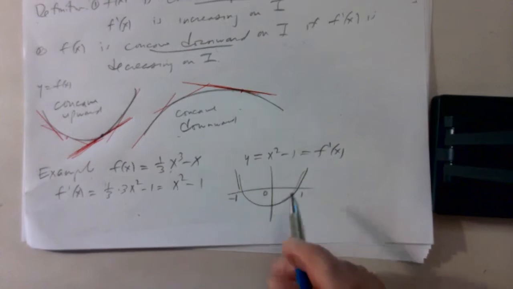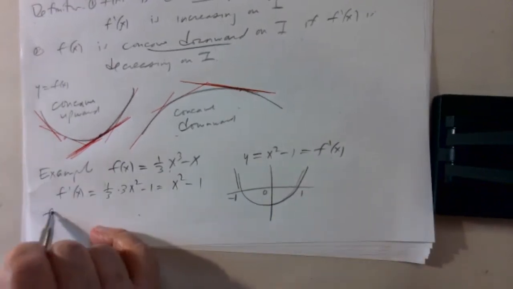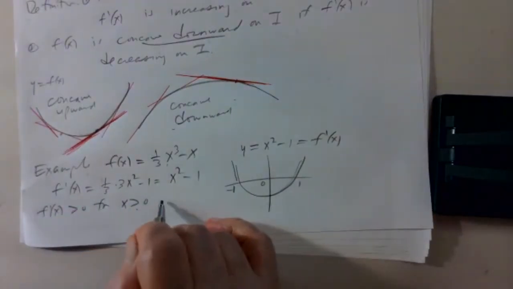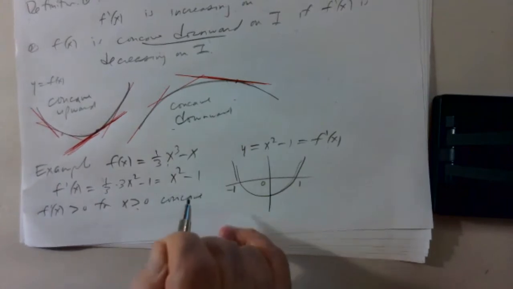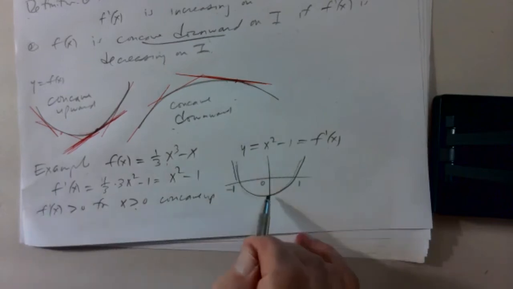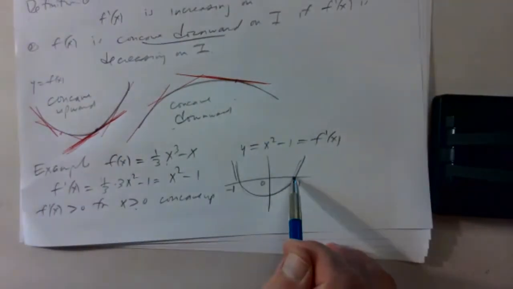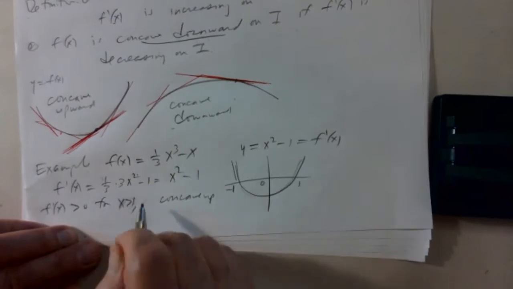This derivative is increasing for x bigger than 0. So for x bigger than 0, the graph of the function is concave up. Sorry, the derivative is positive for x bigger than 1 and x less than minus 1.